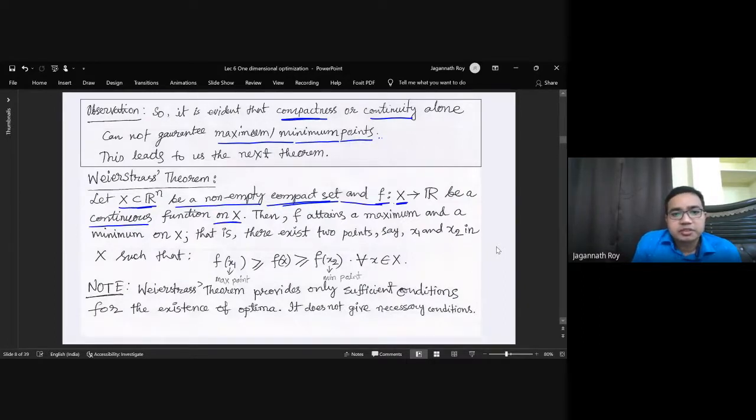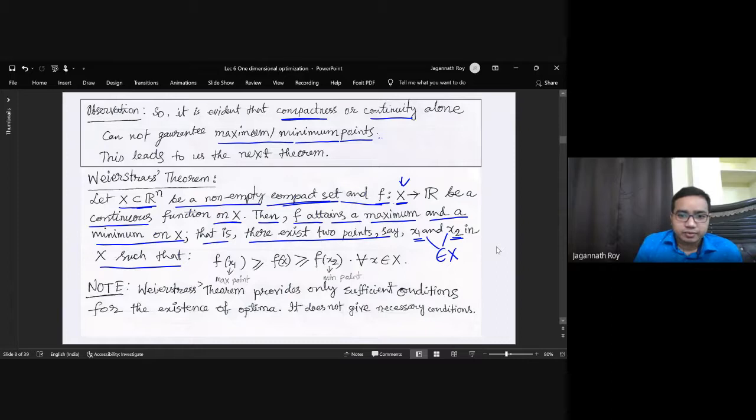If these two conditions are satisfied, then f attains a maximum and a minimum on the set X. That is, there will exist two points, say x1 and x2, both belonging to the set X, for which we will have this relation.